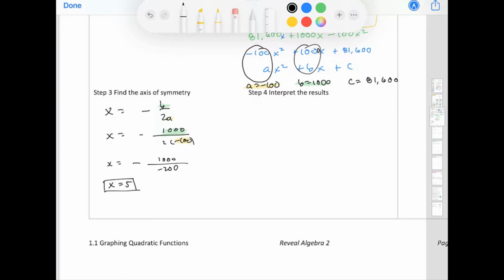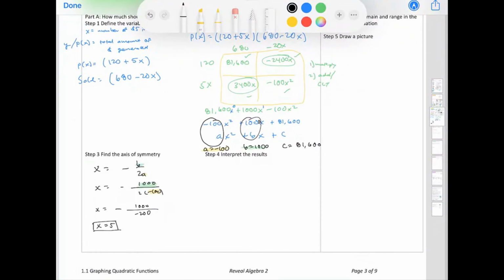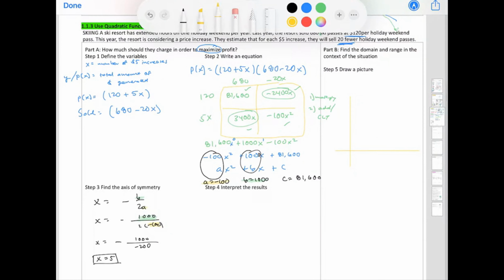Okay, now it says interpret the results. Before I do that, I'm going to jump over here and just draw a picture. Whoops, forgot my little trick. Hold it down and it's a straight line. Okay, in my graph, there's a couple of things I should notice.